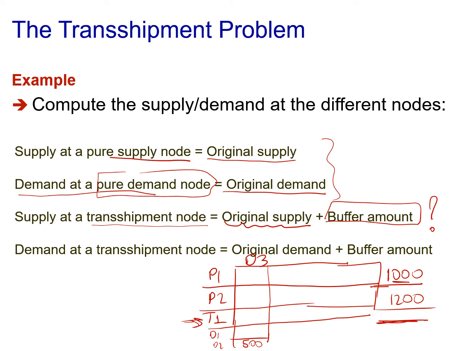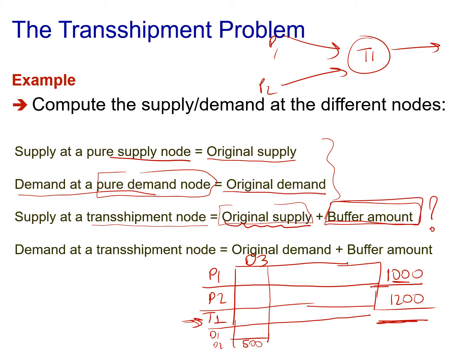But we write the original supply. For example, if T1 is a transshipment node that receives from P1 and P2, in our example we didn't have any supply at that one. In this case, if the supply is 0, it will be just the buffer amount. But if T1 also has its own supply, then it will be 100 original supply plus its buffer amount.